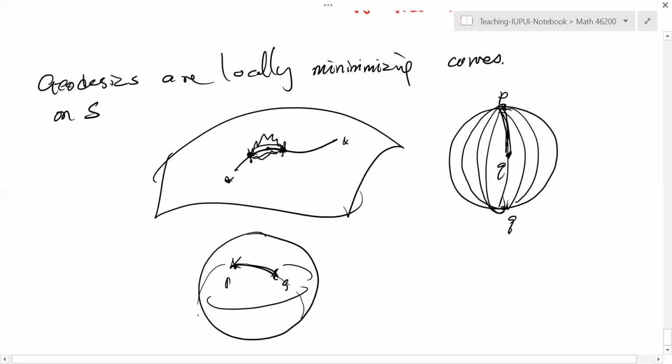Okay, this is a geodesic. From P to Q, the shortest path from P to Q is going to be the portion of the great circle. But you can also go around here from here to here, right? This is also a geodesic. Okay, but it's only locally minimized. It's not global, it doesn't have the minimal length because there is another one shorter than that.